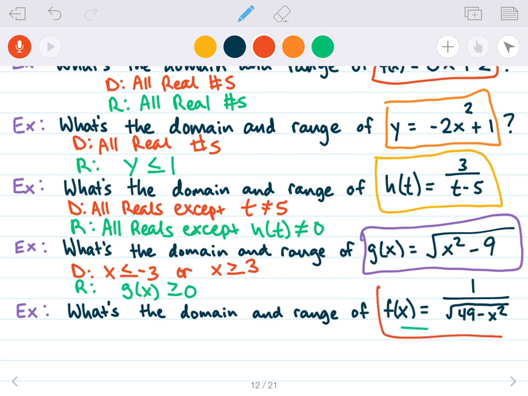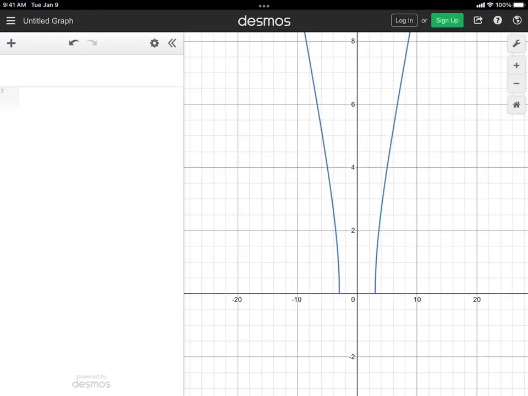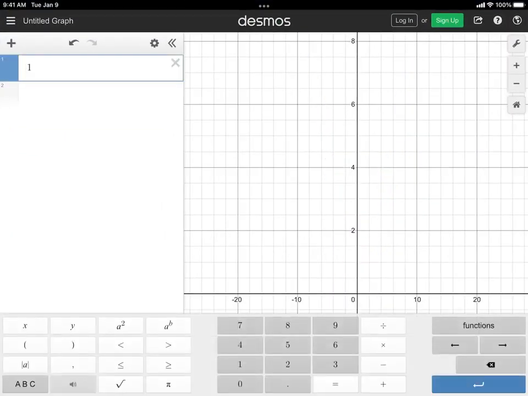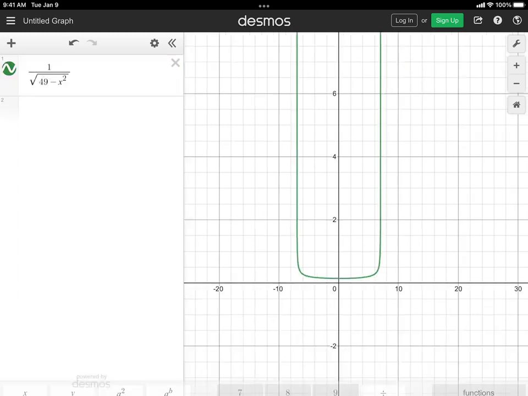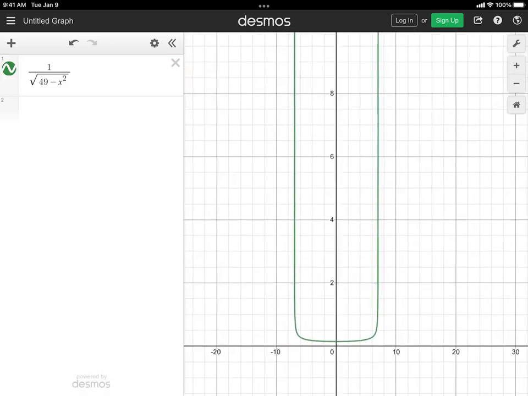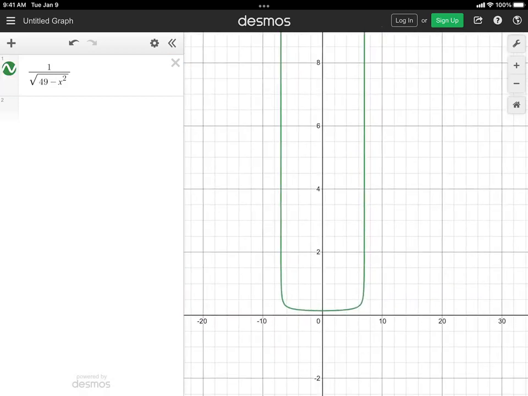So we have f of x equals 1 over 40 square root of 49 minus x squared. Let's see. All right, so we get this weird U-shaped thing, right? All right, so what's the domain?